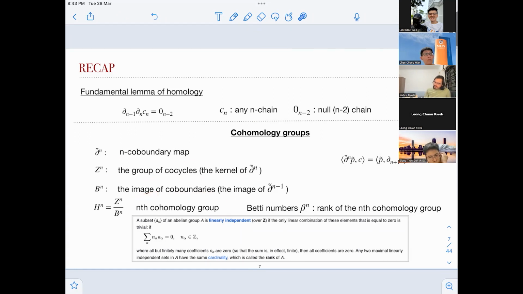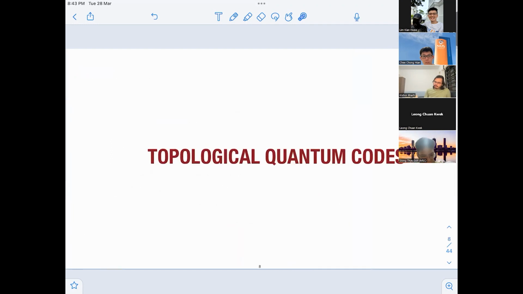Taking the quotient of the kernel with respect to the image, you get the nth cohomology group, and you can analogously define the corresponding Betti numbers. That's what we discussed so far.